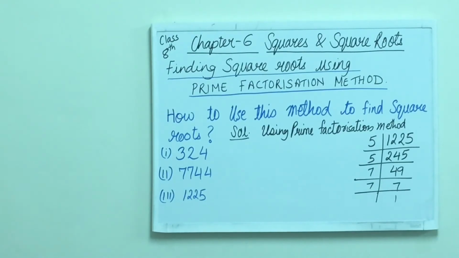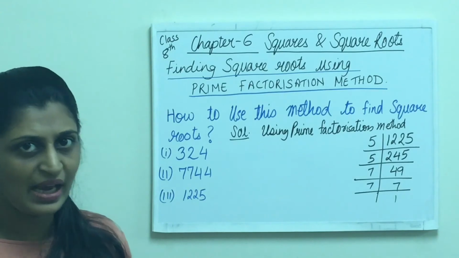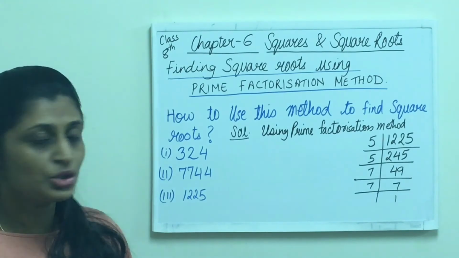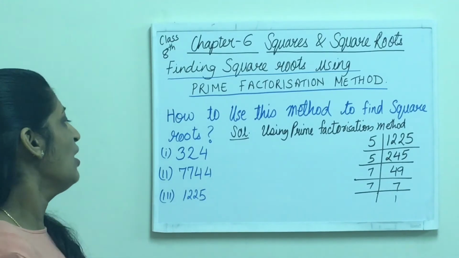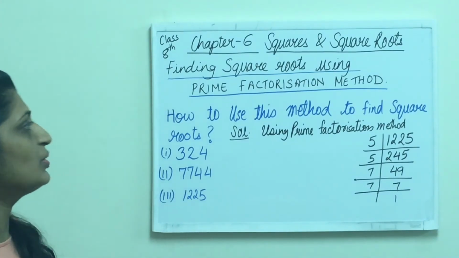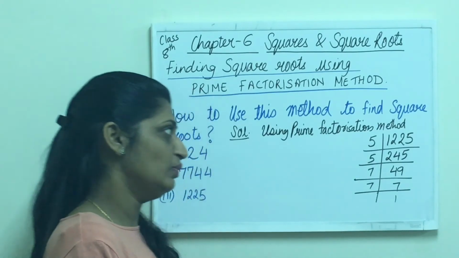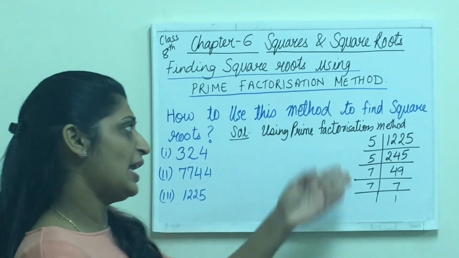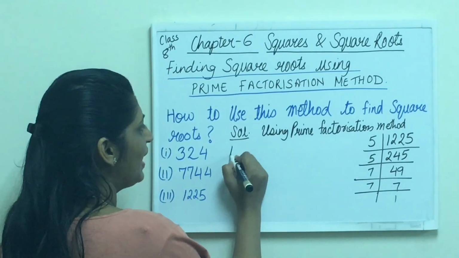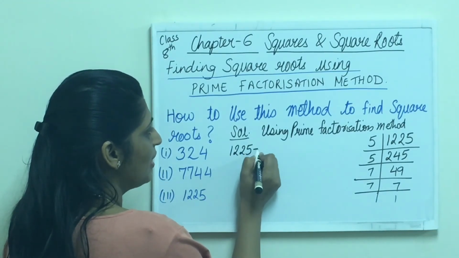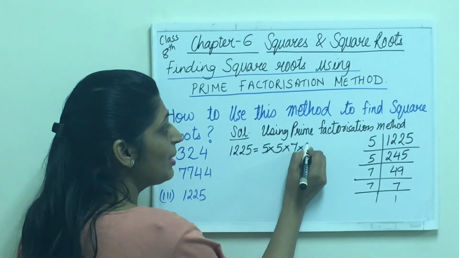So now we have the third part, 1225. We will begin the same way as we did for the first two numbers, using the prime factorization method. First of all, we will find the prime factors of 1225. As you can see on the board, I have already done it. 1225 can be expressed in this way. So I will rewrite the factors by rearranging them. Now what will be my next step?